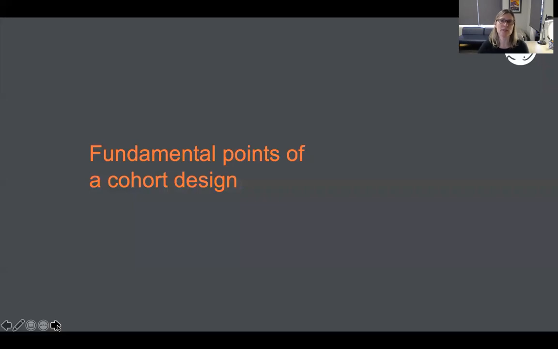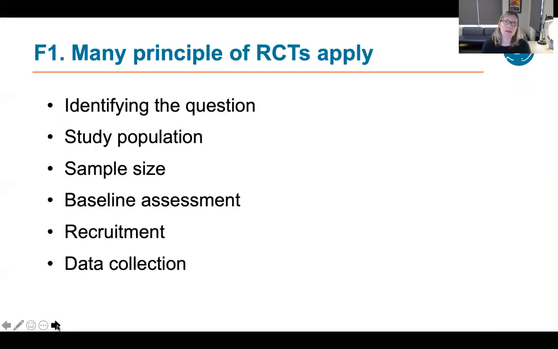So, fundamental points of a cohort study. Many of the principles of RCTs that we just talked about apply: identifying the question, characterizing the study population and your sample size, your baseline assessment, the recruitment approaches and considerations, as well as the data collection.